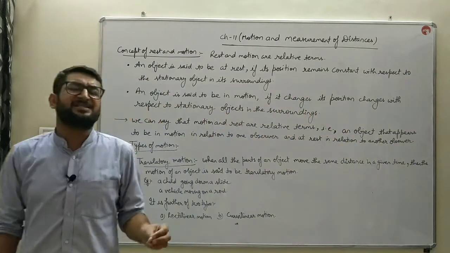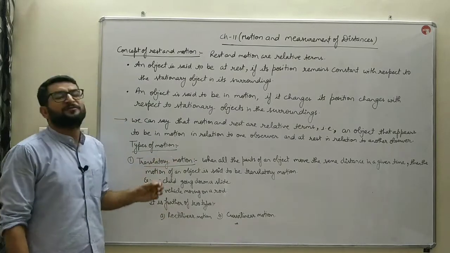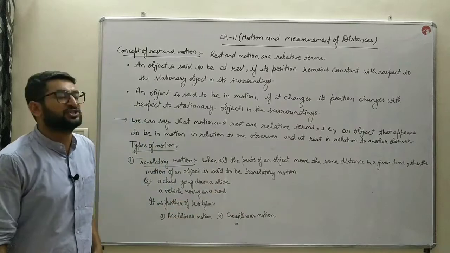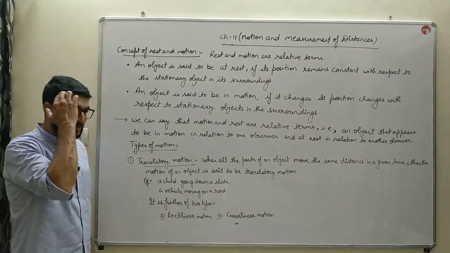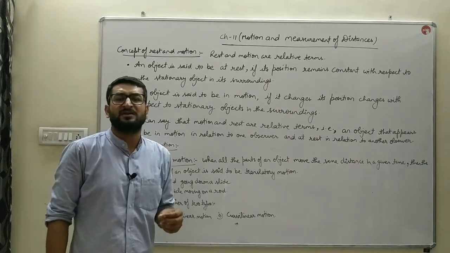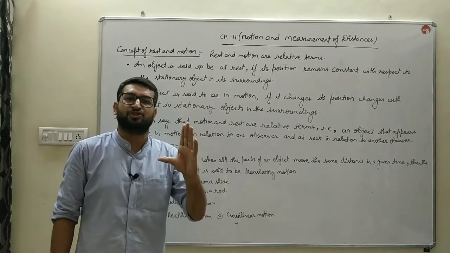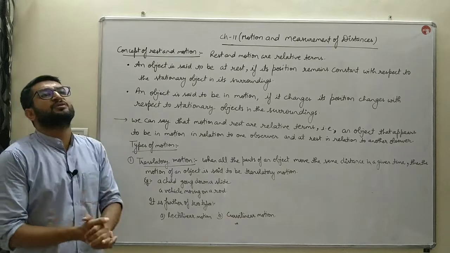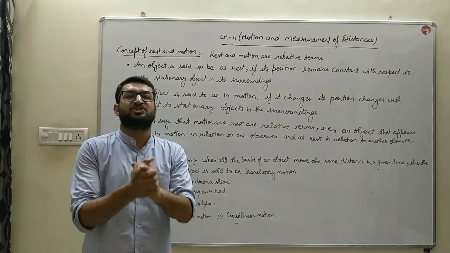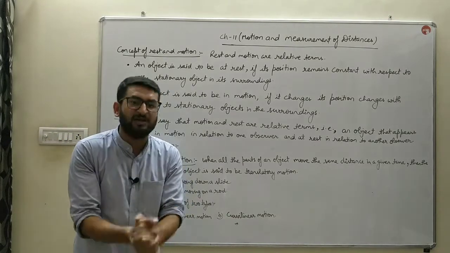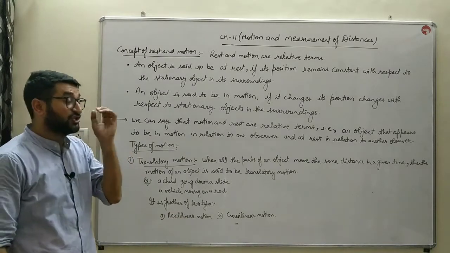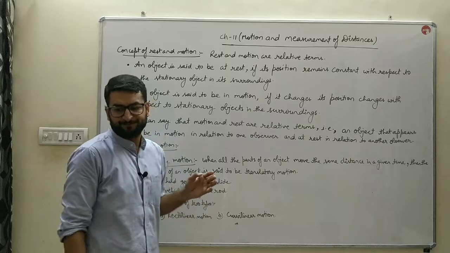So an object is said to be at rest if its position remains constant with respect to a stationary object in its surroundings. Then that object is said to be in rest, a stationary position. Whereas what is motion? An object is said to be in motion if that object changes its position with respect to a stationary object in its surroundings.